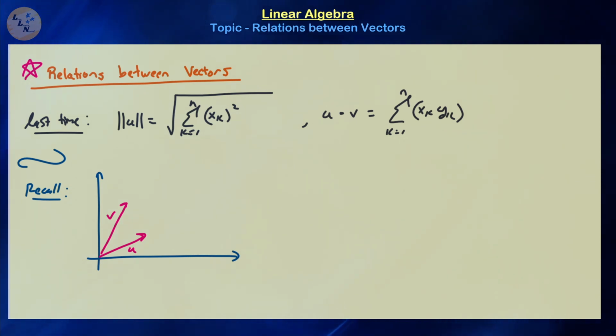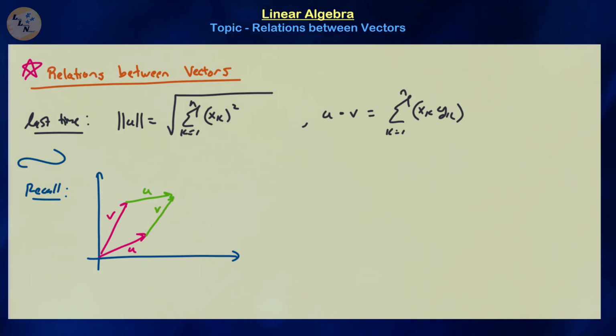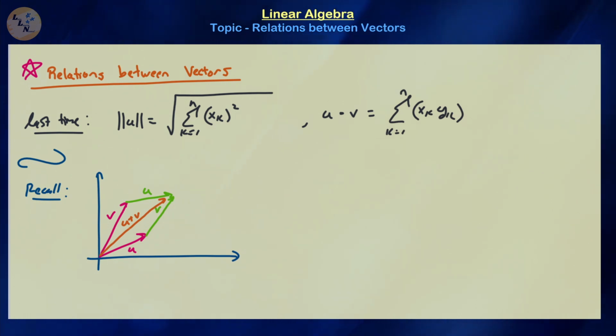Keep in mind, vectors are not uniquely represented in terms of their endpoints and base points, so technically v can also be right here as long as it has the same exact angle, and also we have another vector over here, u, as long as it has the same exact length and direction as this red vector, they technically are the same vectors. So if we want to do the vector u plus v, one can show that the sum of these vectors is actually the primary diagonal of this particular parallelogram.